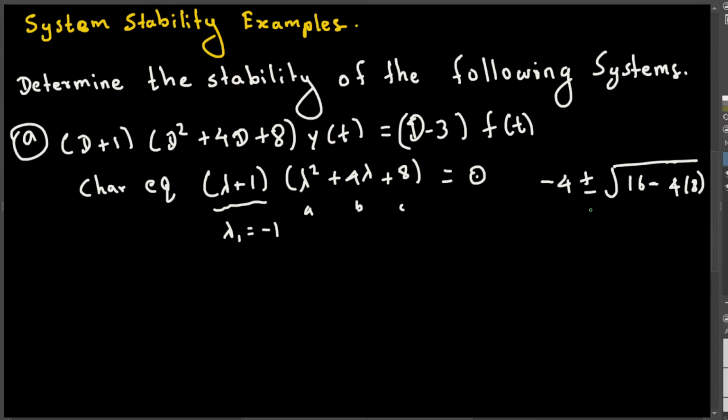Okay, this is the formula to find the roots. If you solve this, you're going to get minus 2 plus or minus j2.